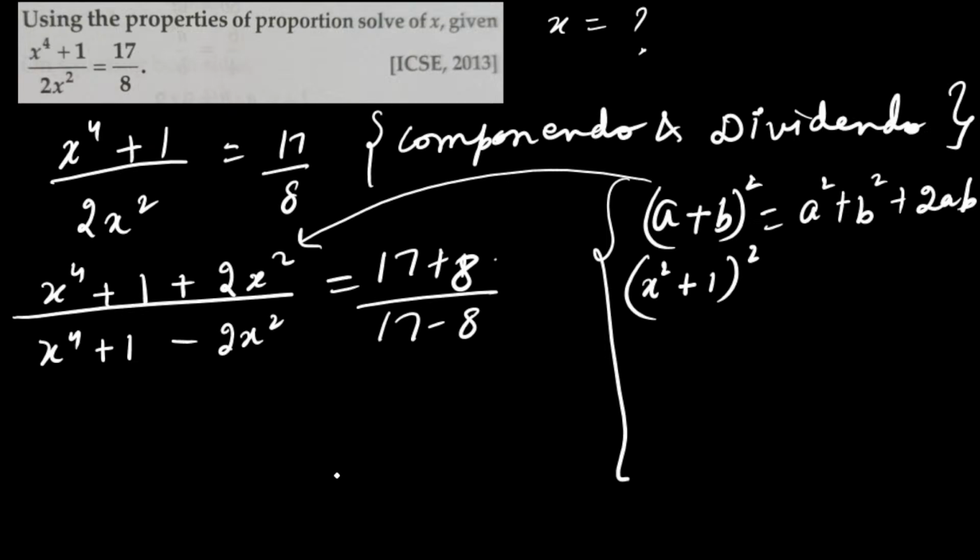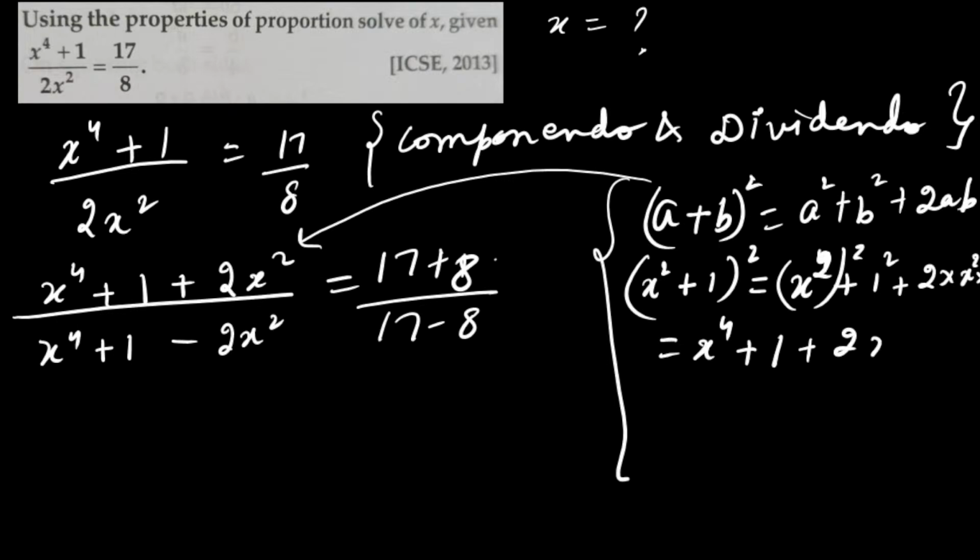From x to the power 4, I am getting a hint that this is the square of x square. And 1 gives me a hint because 1 square is 1 only. So if I apply the whole square, what will I get? a square plus b square plus 2 into a into b. b is 1, and a square means x square is the whole square. So this will become x to the power 4 plus 1 plus 2x square.